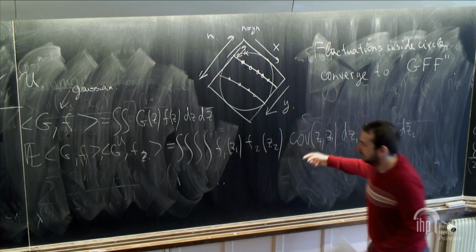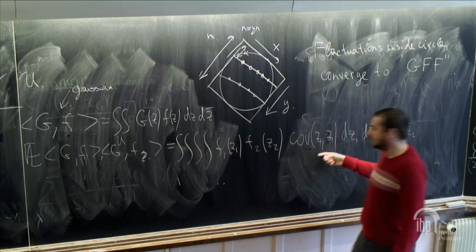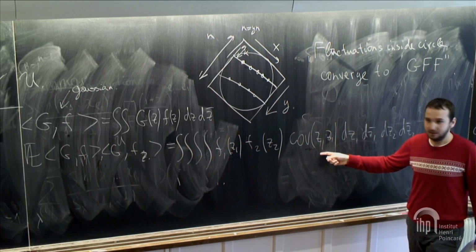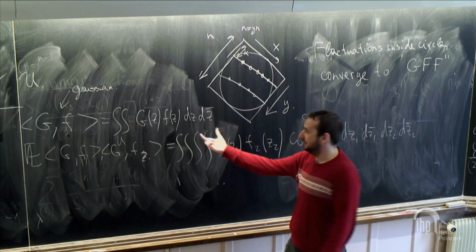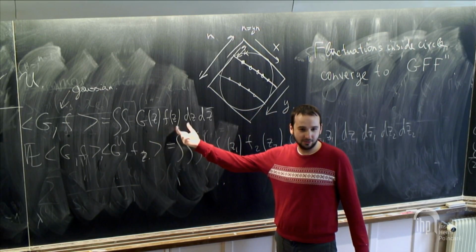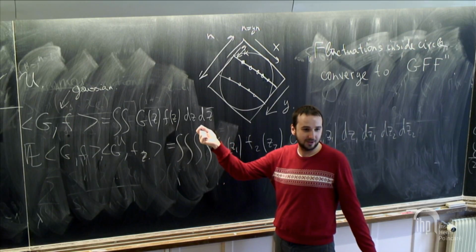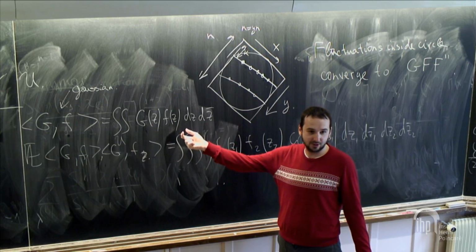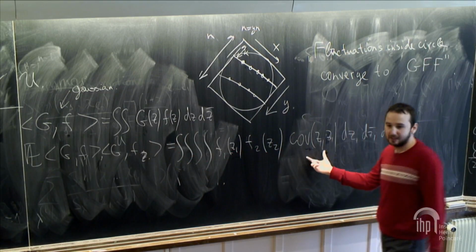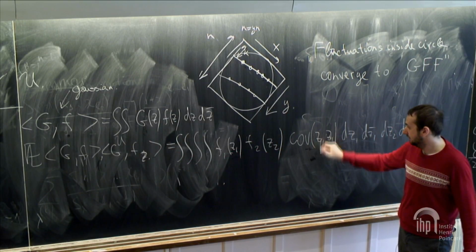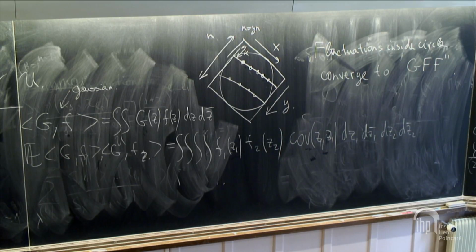Well, so if you believe in this definition, then this formula would be a corollary. Just because you take one expression of this sort, you multiply by another expression of the same sort, you get a 4-dimensional integral from a 2-dimensional integral. Then you take expectation, and when you take the expectation of gz1 multiplied by gz2, you get this covariance. On the other hand, you can treat this as a separate definition.